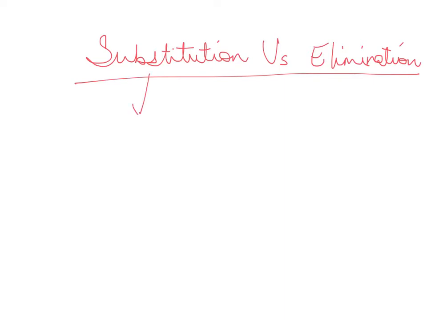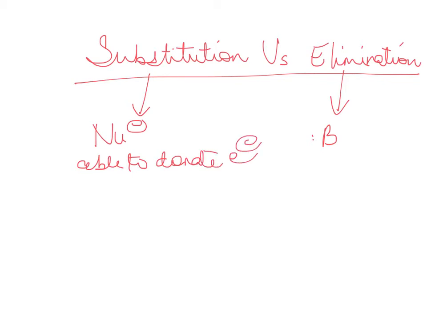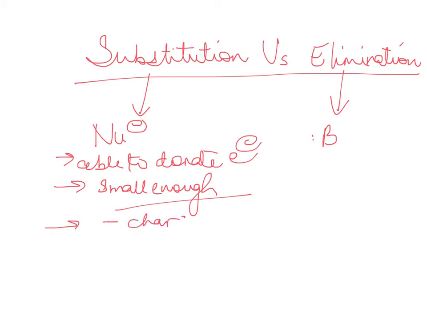Like I said in class, substitution means you need a nucleophile. Elimination means you need a base. So what makes a good nucleophile? A good nucleophile should be able to donate electrons and should be small enough. A base also is supposed to have a negative charge.